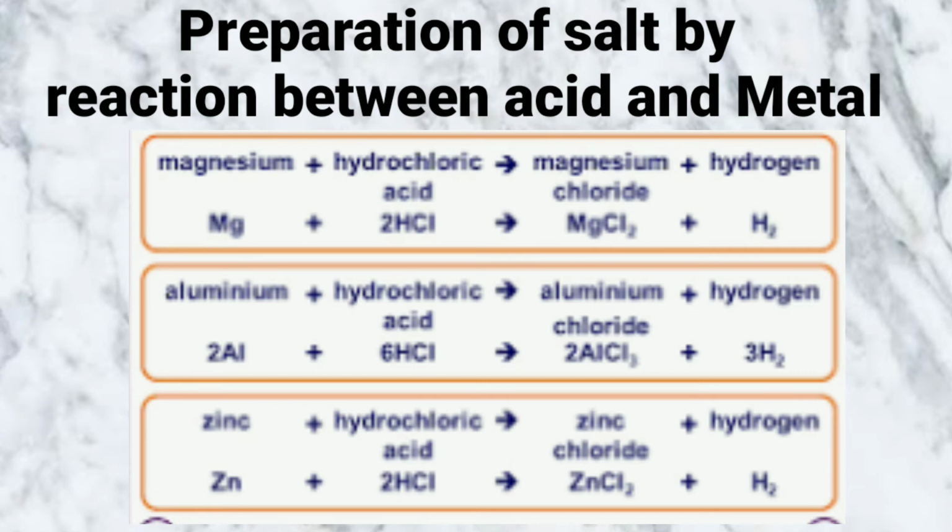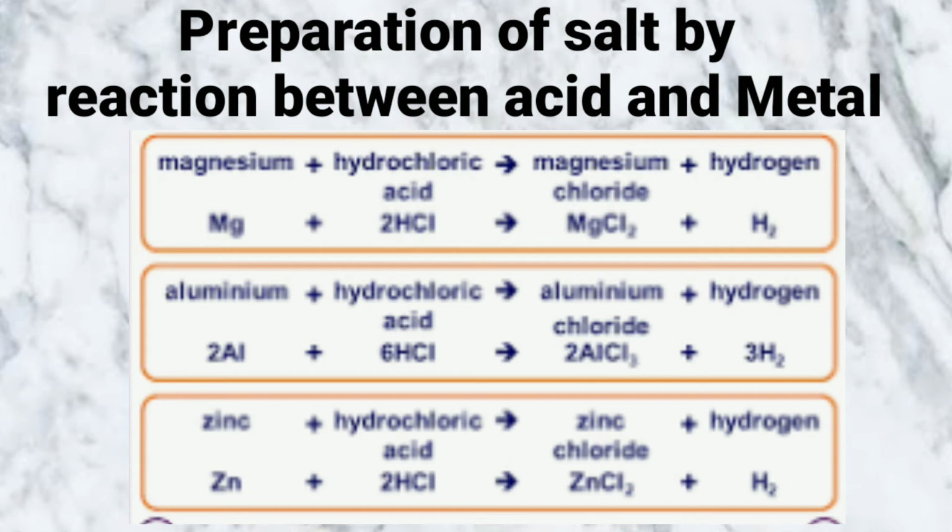Because all acids contain hydrogen atom or atoms, sometimes an acid contains more than one hydrogen atom, as for example sulfuric acid contains 2 hydrogen atoms, है ना. So dilute acid reacts with an active metal to form salt and hydrogen gas. So metal displaces hydrogen atom from the acid to form salt.